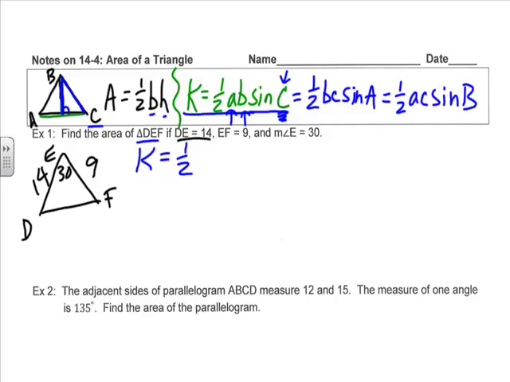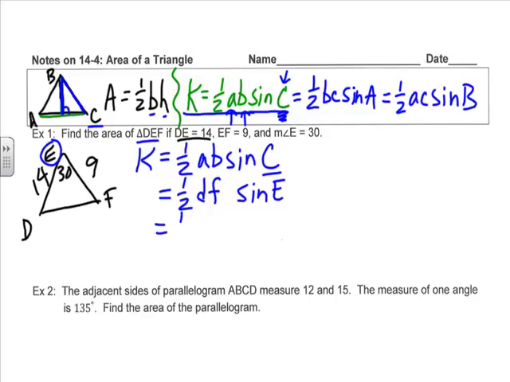So K is equal to 1/2 AB sine C. And then what I would do, and one option is you could change the lettering of your triangle if you would like, if that seems like something that would help, which basically all you would do is say, okay, I'm going to call angle E angle C and then relabel it ABC. Or the other thing, which I seem to do more often, is I know what E is, so I'm just going to have this be sine E, and then I need to put a D and an F in.